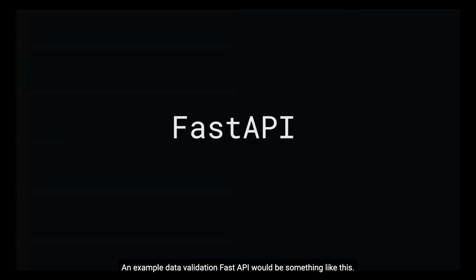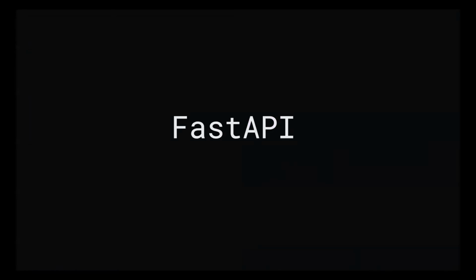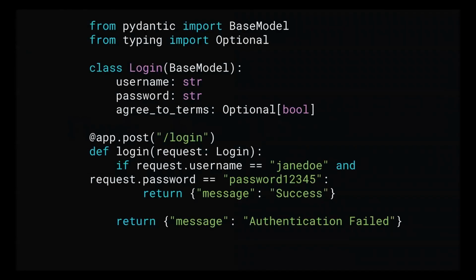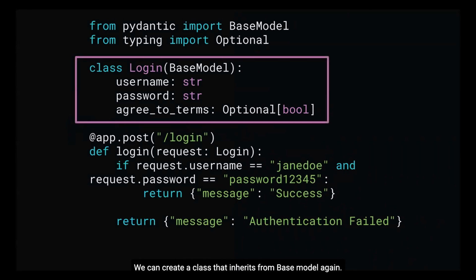An example of data validation in FastAPI would be something like this. We can create a class that inherits from base model again. So our class name here is Login, and base model is a Pydantic model with type-hinted variables, right?